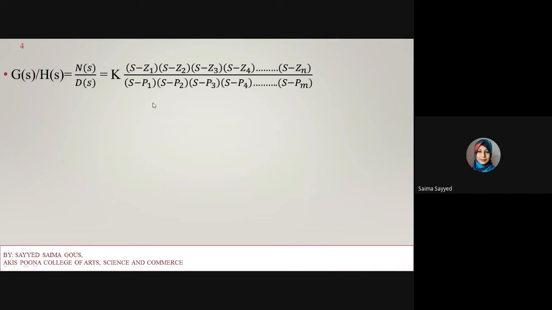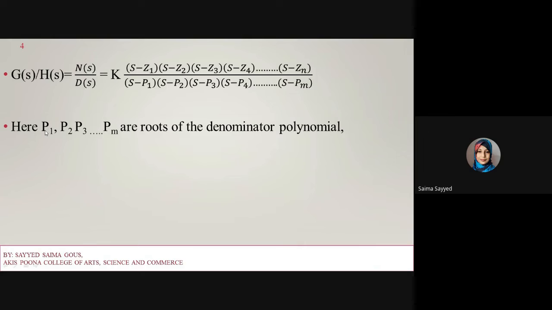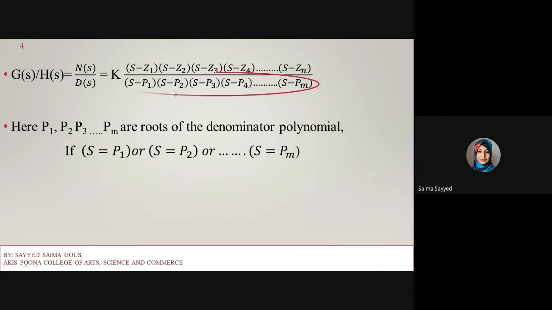Next, in this equation, p1, p2, p3 up to pm are the roots of the denominator of this polynomial equation. Now consider s equal to p1, or s equal to p2, or s equal to p3, or s equal to pm. After substituting this in the equation, the denominator becomes 0.